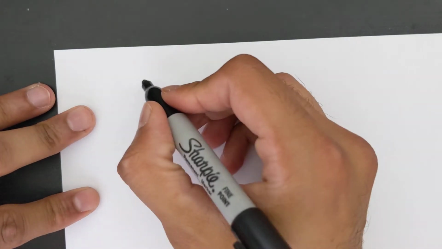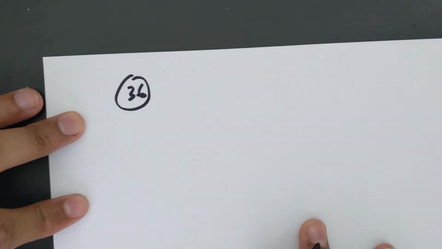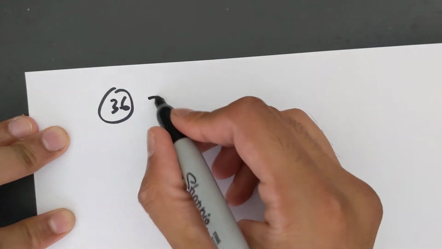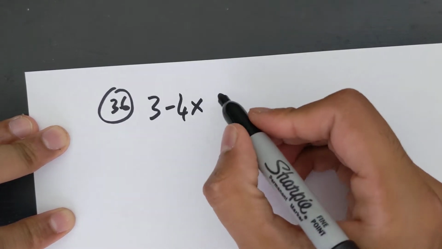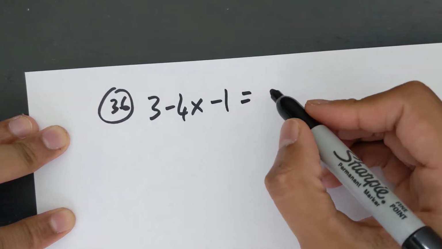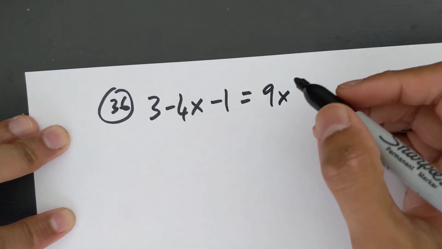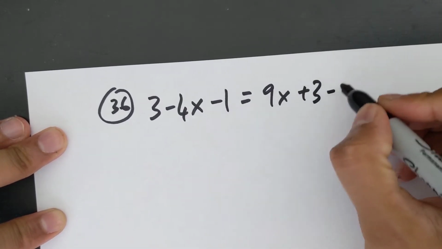Same thing in question number 36. I have 3 minus 4x minus 1 equals 9x plus 3 minus 19x.